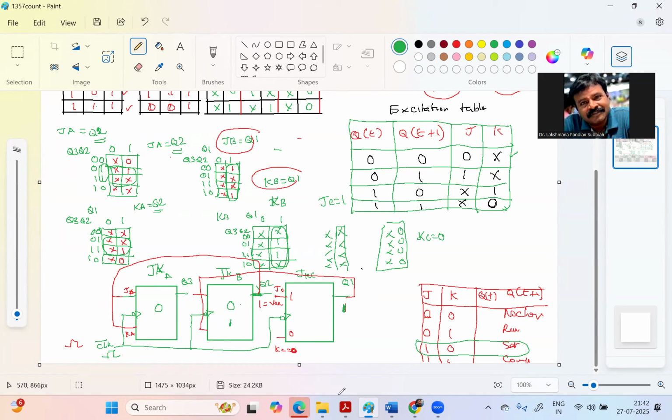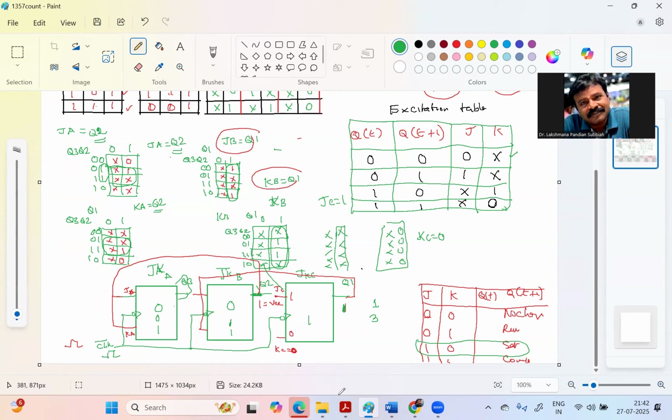Then here this is already 0, so it is 0. So now it will have 0, 1, 1. In the next clock pulse it will make 3. Then in the next clock pulse this is 1, so this will make 1. All others are as they are. It will make 1, 3, right?